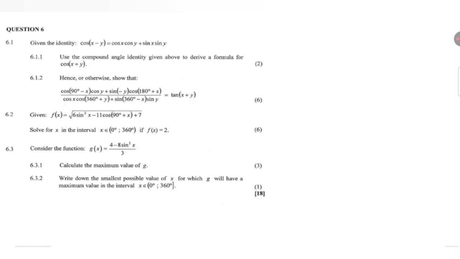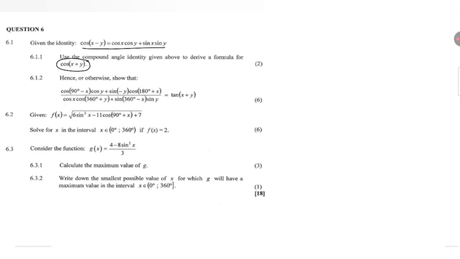Okay, let's jump into question number 6.1. What is that? It is given one identity, cos of the difference of two angles, that is cos(x minus y). You have to use this identity to derive the formula for cos(x plus y).